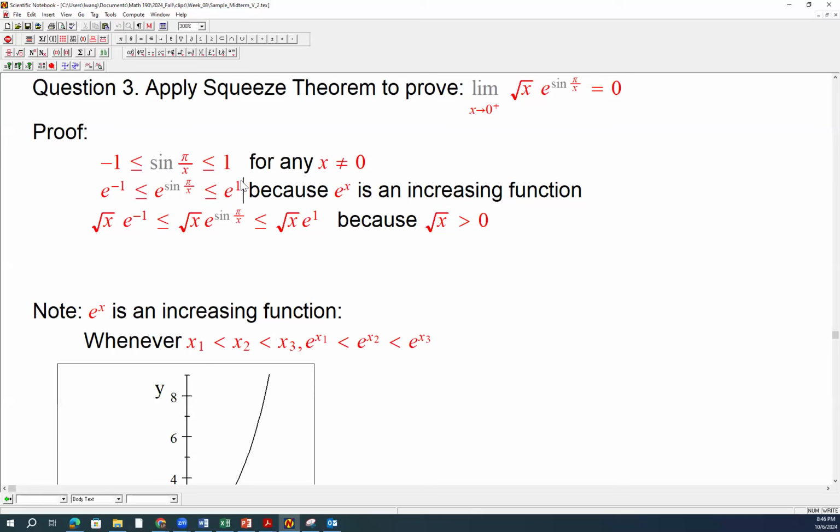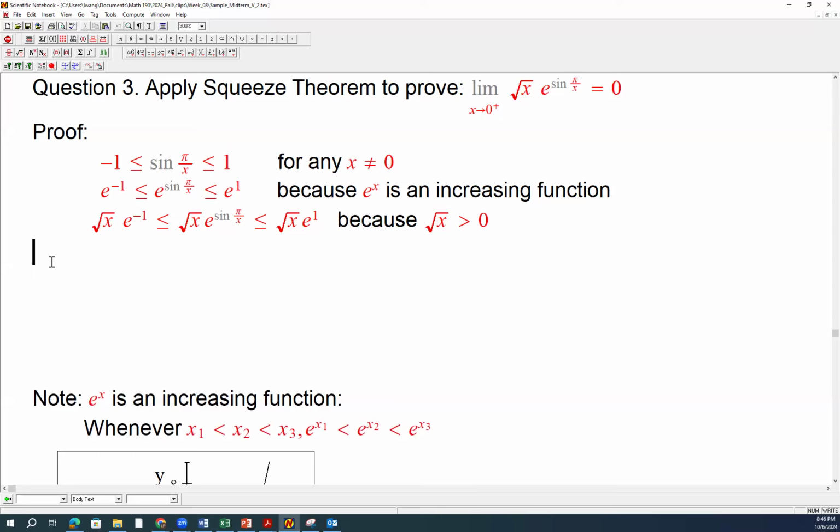These reasons are essential for us to understand, because without these, you can't do it. For example, for a decreasing function or a negative number, you can't do this. So now we have created a squeeze situation.